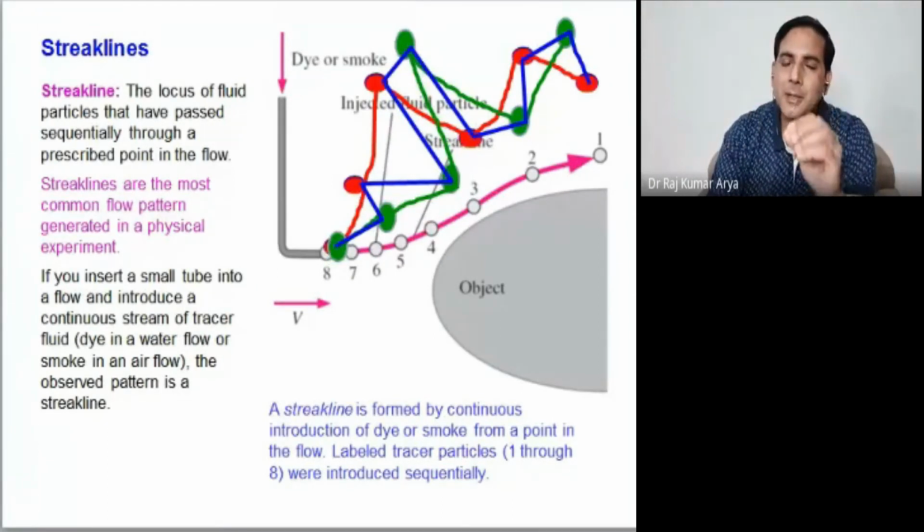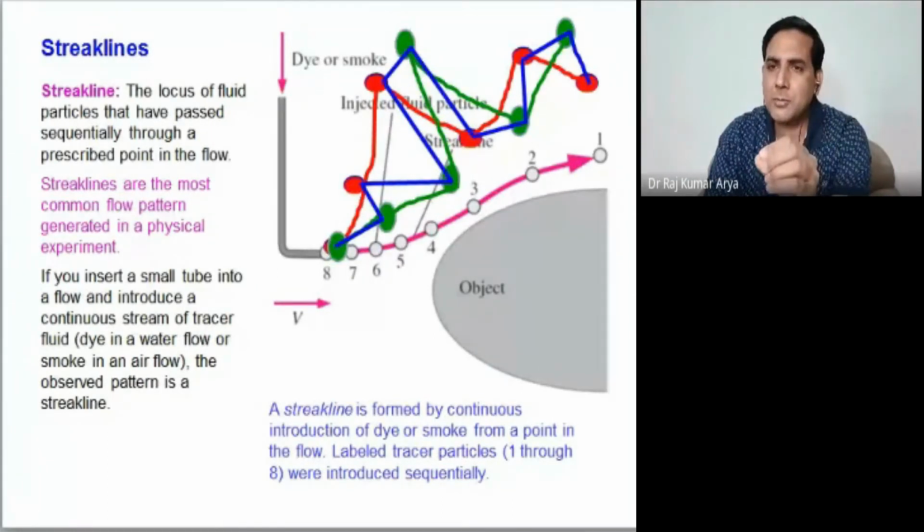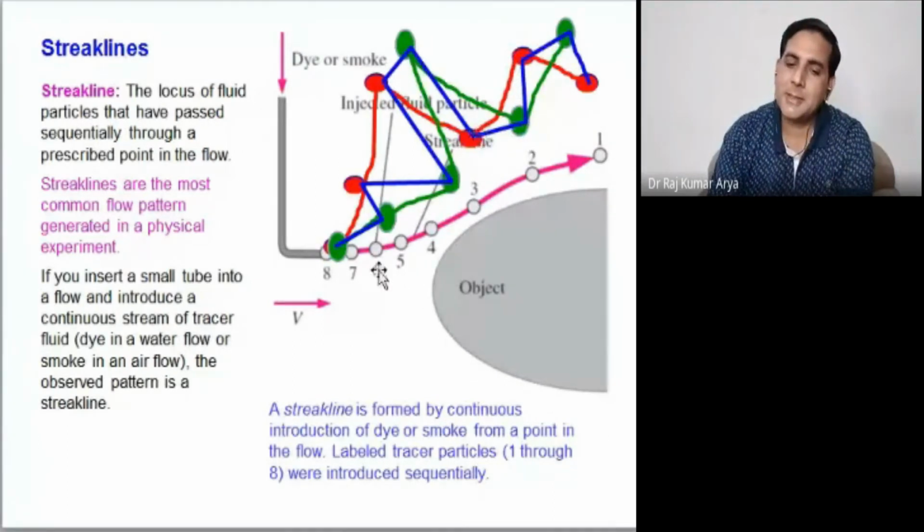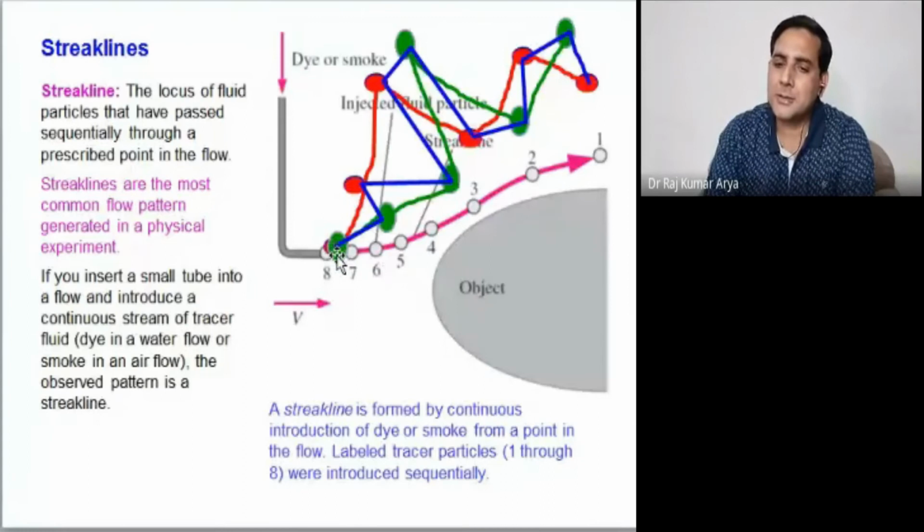So first your particle 1 went. After that you went to particle 2, right? You are focusing on 2 particles. So this was particle 1, after that join particle 2, then again particle 1, then particle 2, and keep on going until you reach the starting point. So this blue line is called the streak line.